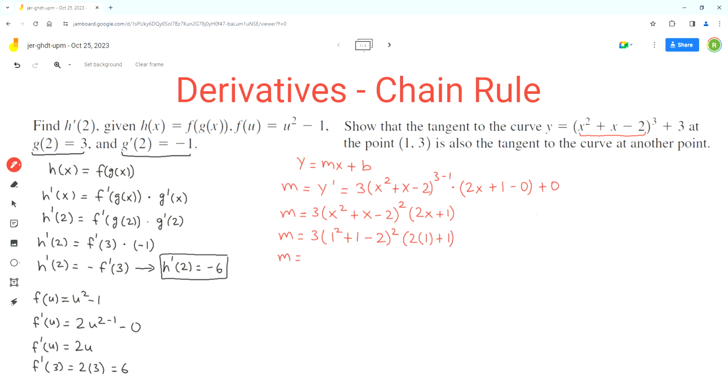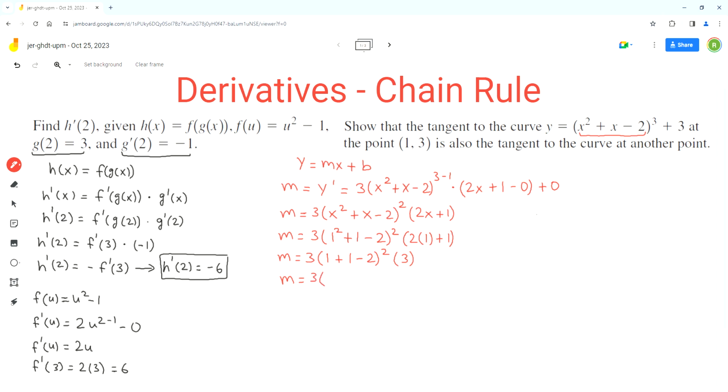Now we can simplify this expression. So we get 3 times, in parentheses, 1 squared is 1, plus 1 minus 2, and then squared, and in the second parentheses we get 2 times 1 which is 2, and 2 plus 1 is 3. Now we can simplify the first parentheses.